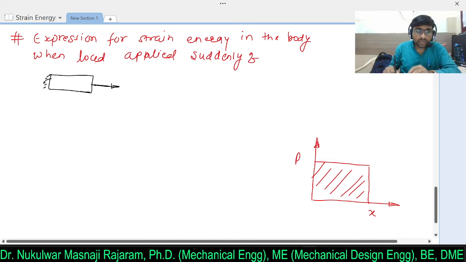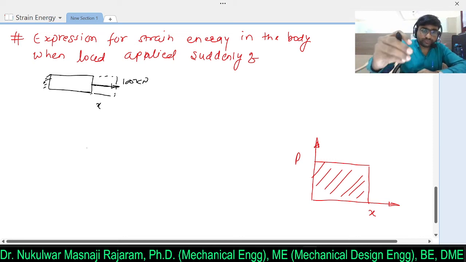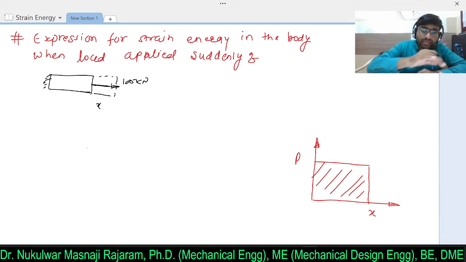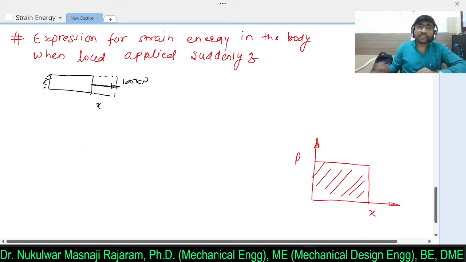Are you getting my point? You are applying suddenly 100 kilonewton on this load. What will happen once you apply the load? At that moment this body will get elongated. Elongation may be x. Clear? Due to that sudden load, body will get deformed. Simple.